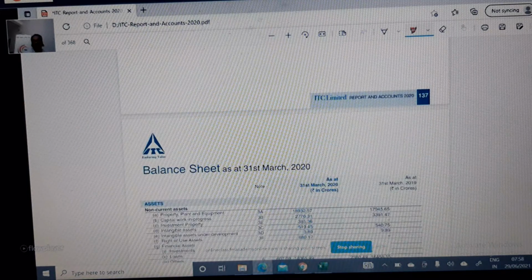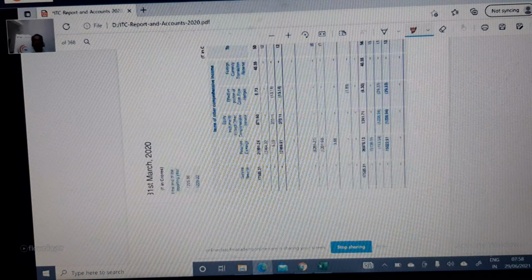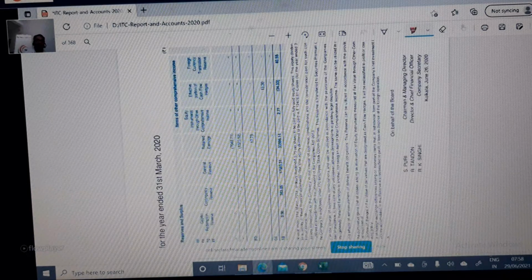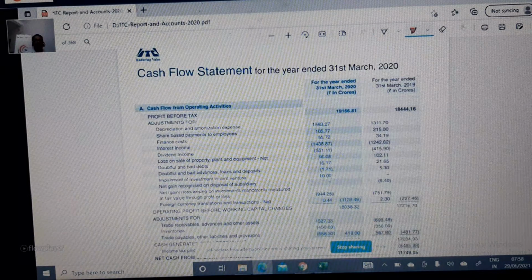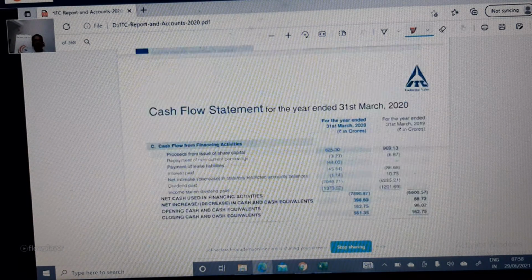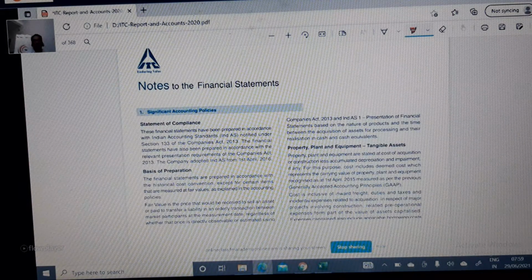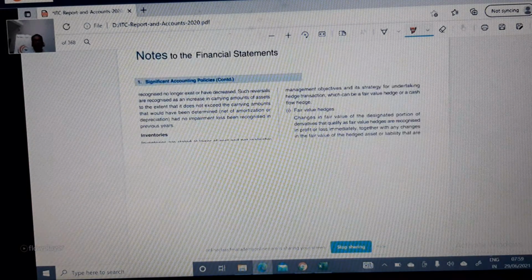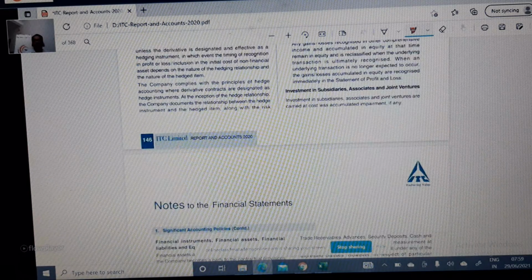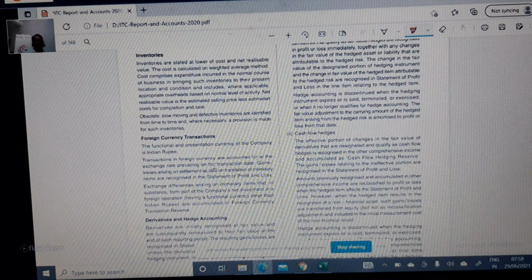This is ITC. Look at the notes, they will give a lot of disclosure. It's not only about P&L and cash flows, segmental information, many things you will study in, let's say, part 1, that is about accounting. Look at this foreign currency transaction.